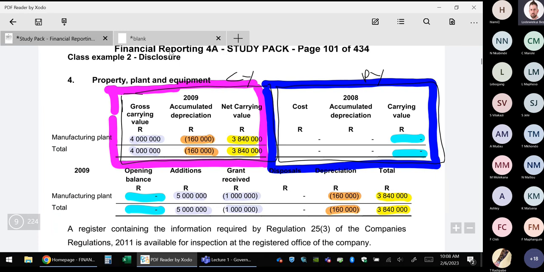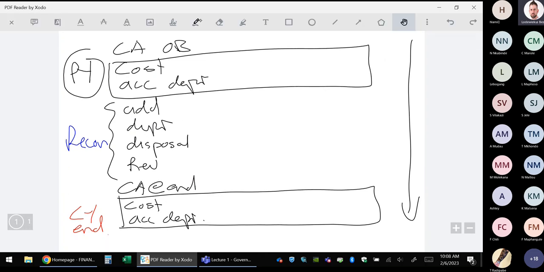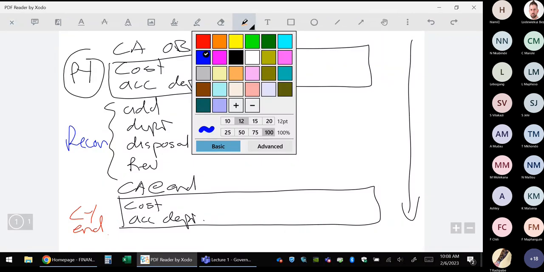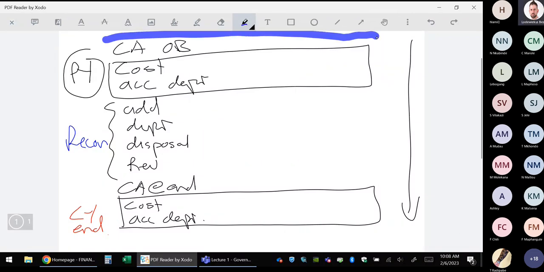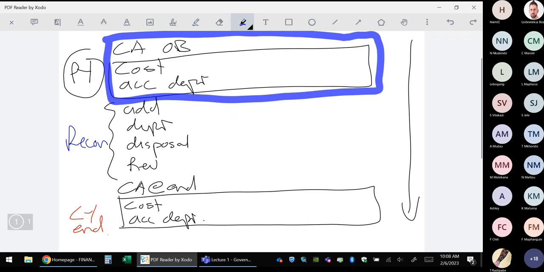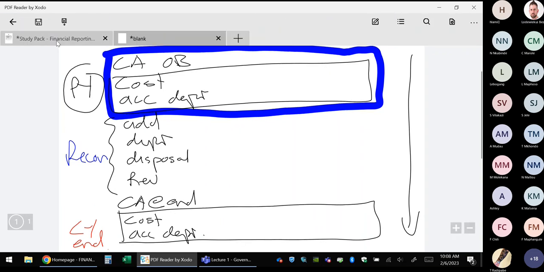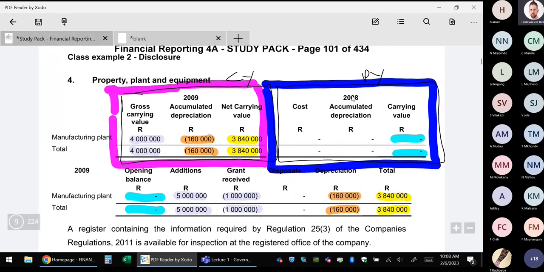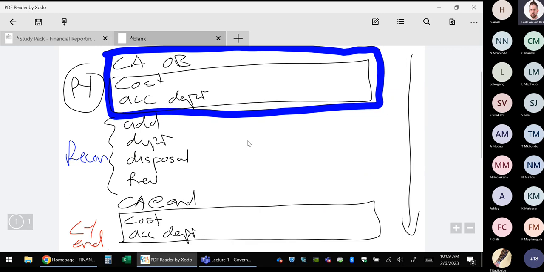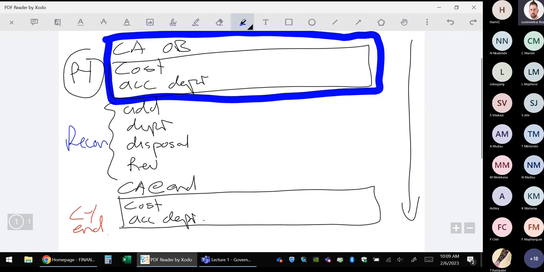So prior year is on the right-hand side. So I'm basically just saying, sorry, that information there, I'm adding and I'm showing it on the right-hand side. The current year closing balances in the purple is at the bottom of your old disclosure.